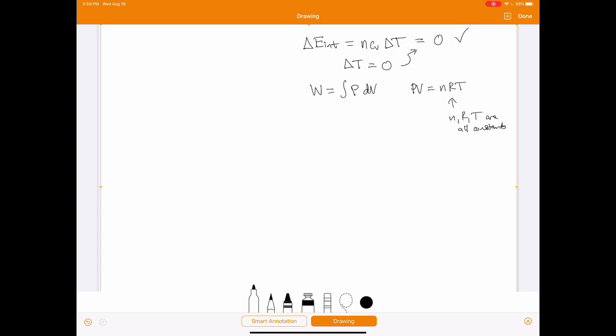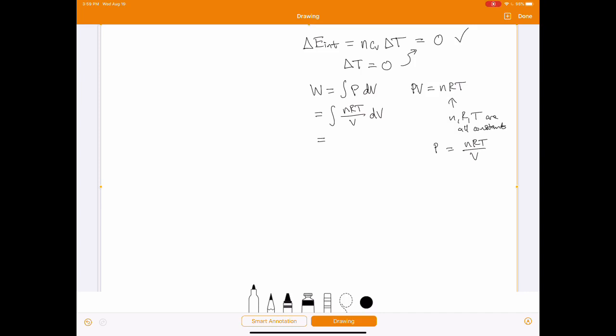So in other words, we can write the pressure as nRT, which is constant, divided by V. So the work is given by the integral of nRT divided by V times dV. That's what we sub in for the pressure.